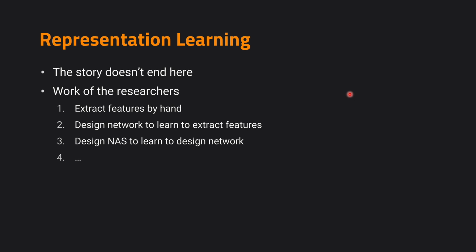Now we can design networks to learn to extract features, and our task is to design better networks, and sometimes to design different training laws. Further, we can use neural architecture search to learn how to design networks. This trend is just not ending, and it seems that we are designing higher order techniques in order to make our design work easier.